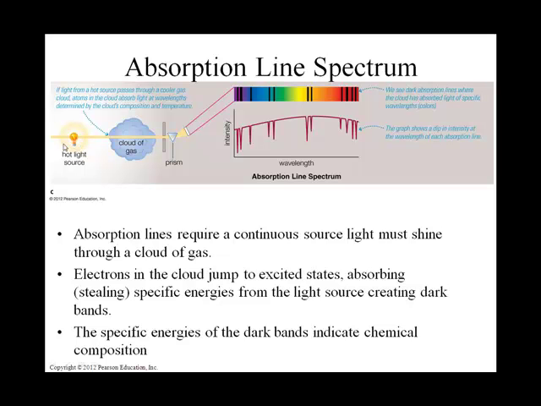Okay, and then what happens is, instead of seeing a continuous spectrum, when we look at the spectrum of that continuous source, we see missing wavelengths, and that's characteristic of the gas. The gas with the electrons around the nucleus that were excited and robbed that energy.